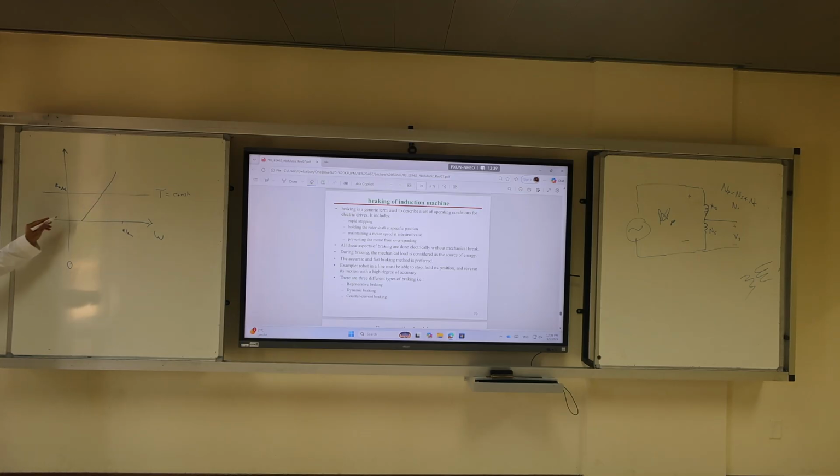The last type is the omega squared. So you really start here and then it skyrockets. If the fan is spinning at this speed, to increase its speed a little bit, you have to apply a very huge increase in load, up until you reach a very high speed where you can't push it faster.